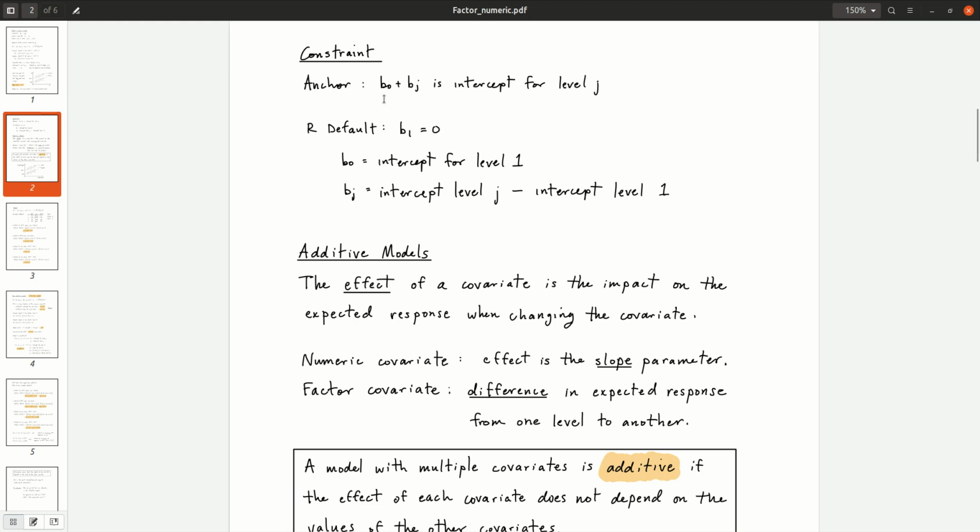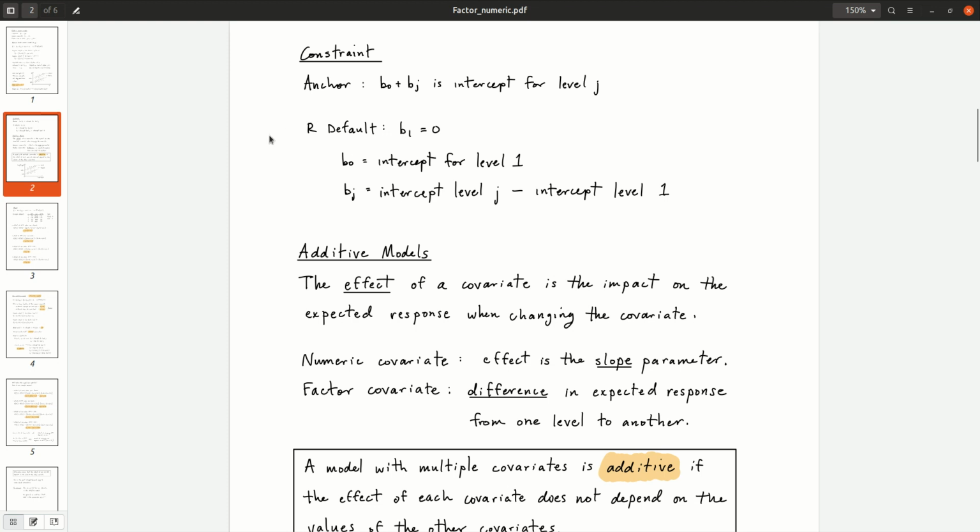So our anchor is going to be B0 plus Bj is the intercept for level J. So it's the expected value when the numeric covariate is equal to 0. Just like before, different software packages will impose different constraints, but they all have this interpretation for B0 plus Bj. This will never change.